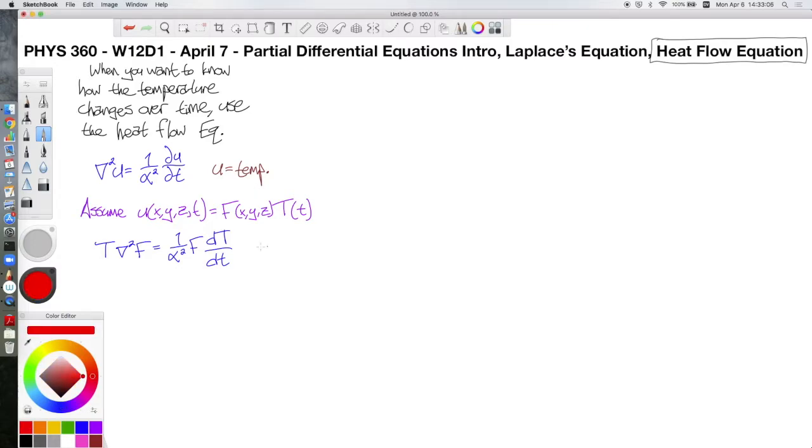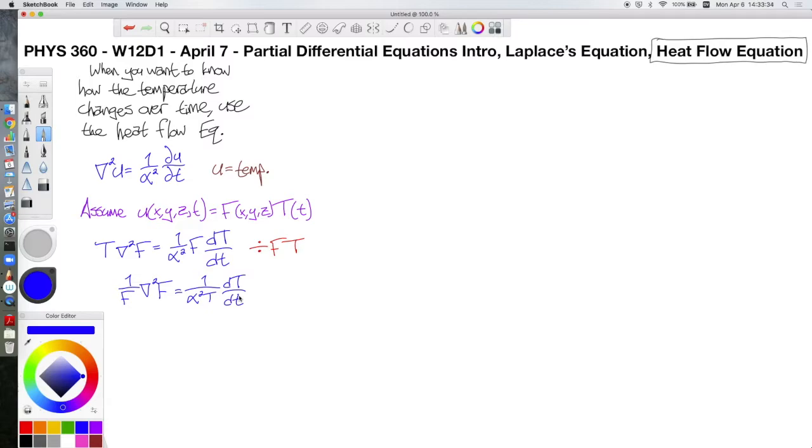We are now, like we did before, going to divide by our overall function, which is F times T. And that does not stand for Fourier transform, it just stands for the function F times the function T. And we get the following. 1 over capital F times the Laplacian of capital F equals 1 over alpha squared times T times the single derivative of T with respect to time.